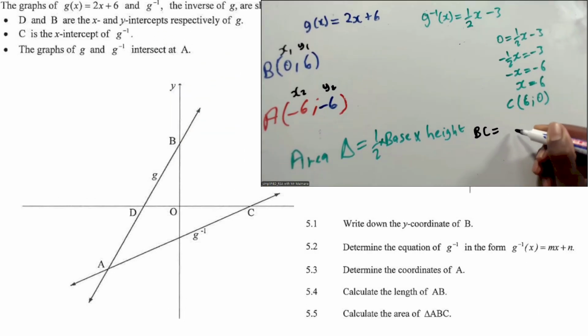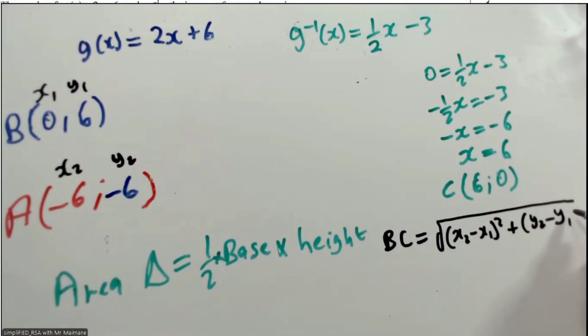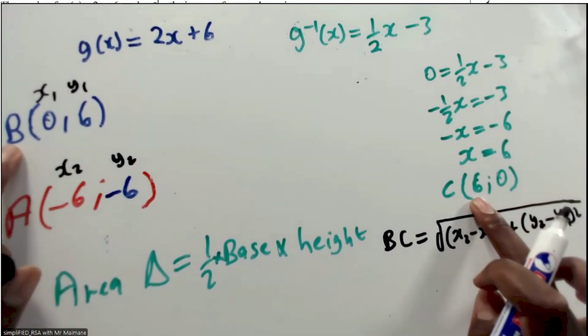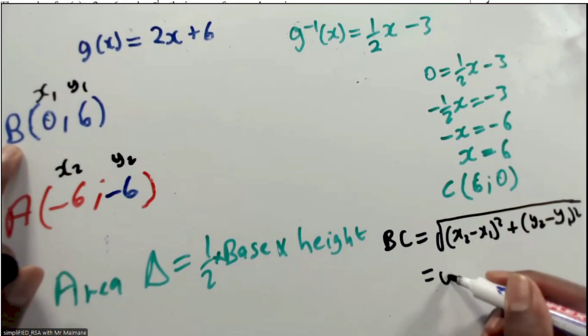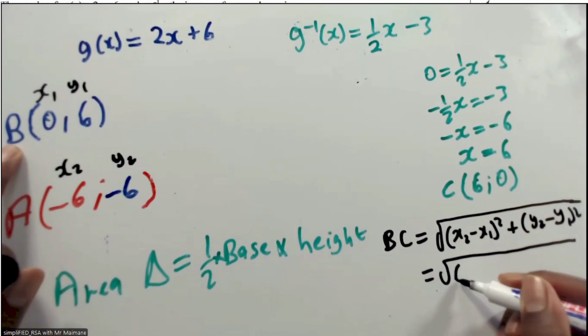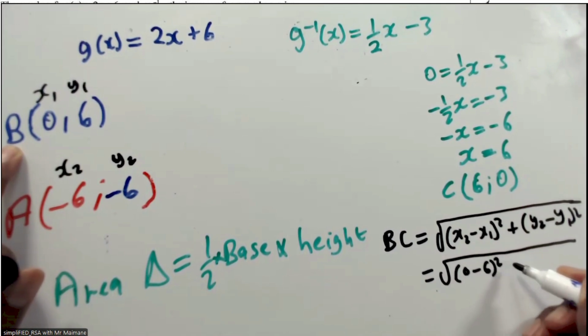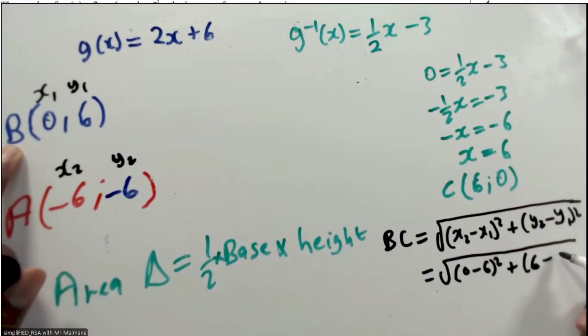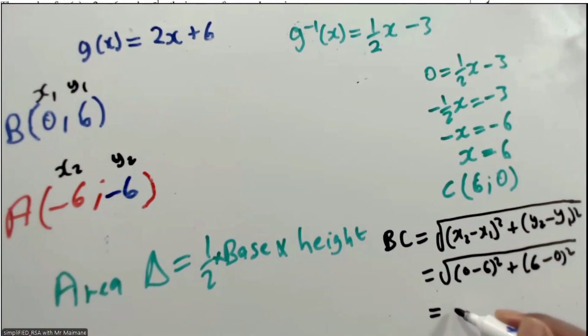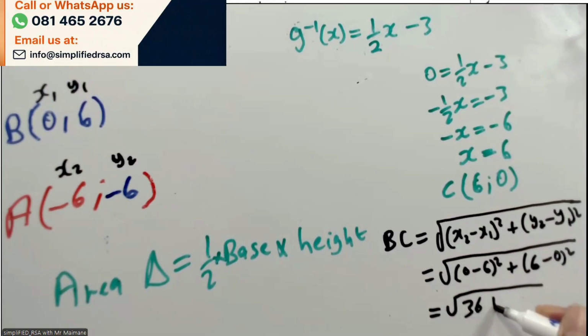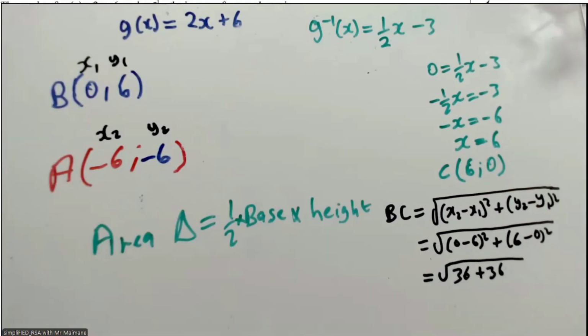The length of BC will be such that, again, I will use the distance formula: the square root of x2 minus x1 squared plus y2 minus y1 squared for the points B and C. Now, this is going to be 0 minus 6 squared plus 6 minus 0 squared, which is going to give me 36 plus 36, which makes BC the square root of 72, not 76.